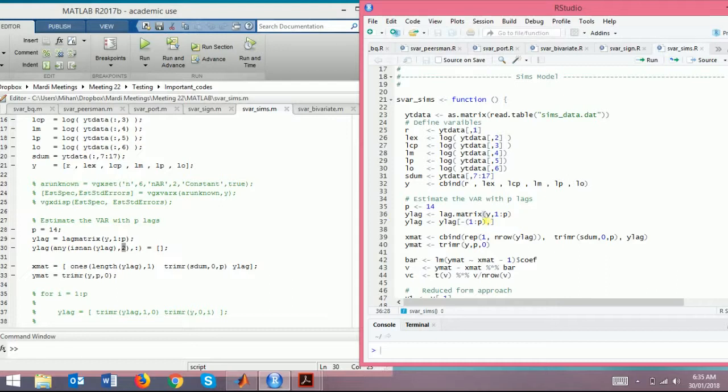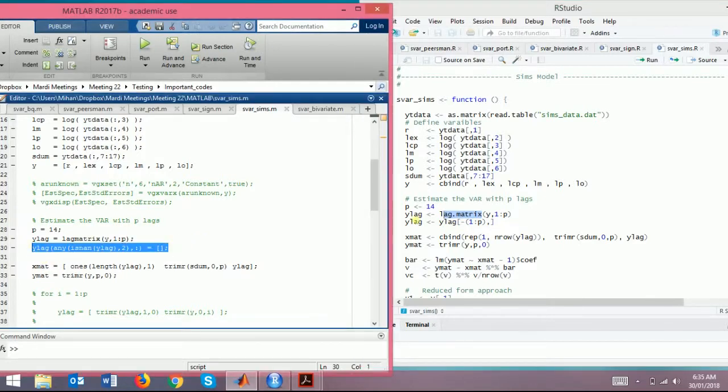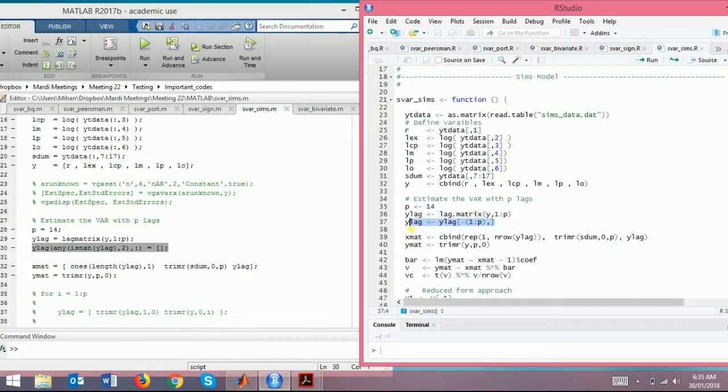So lag matrix, the function here is lag dot matrix, and y lag is -1 to row, which will adjust this.